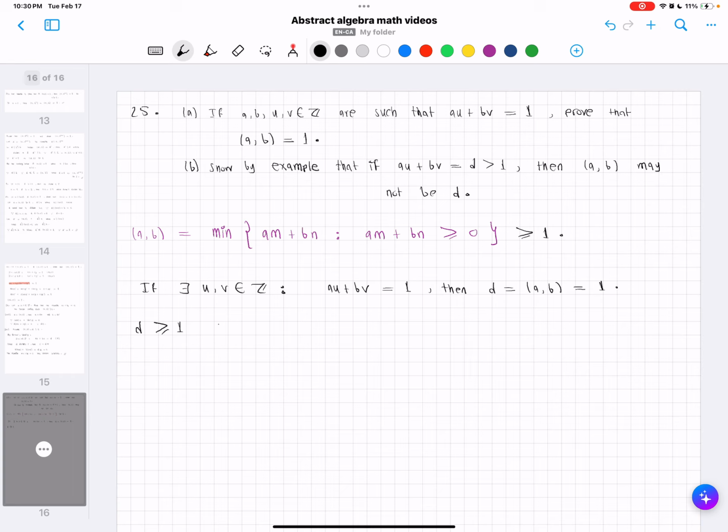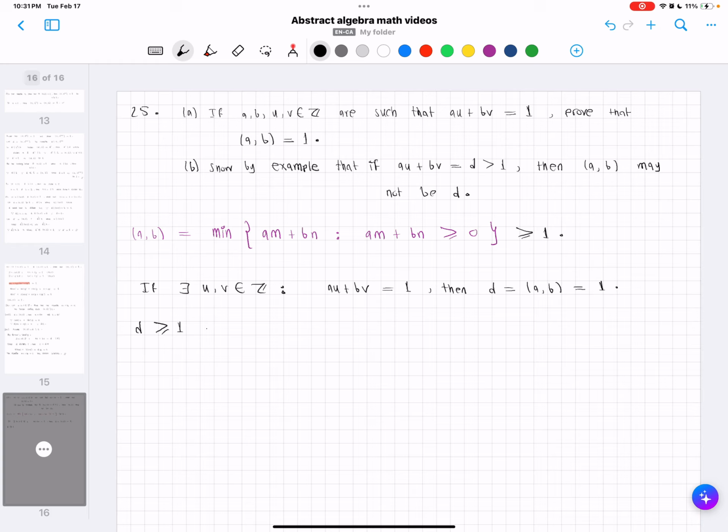But by construction, it is the minimum of the set above. So one of the elements of that set is 1, and we're considering the positive elements. So that means that it must be equal to 1.